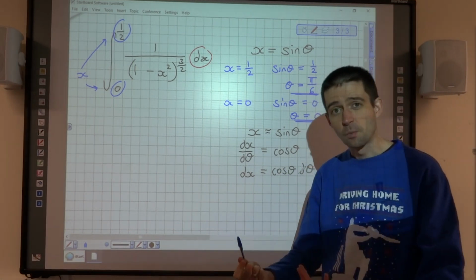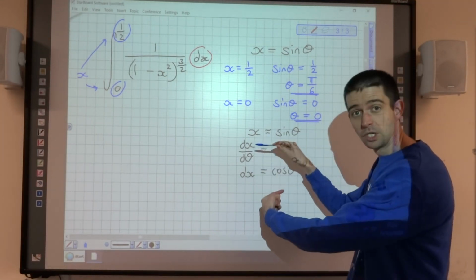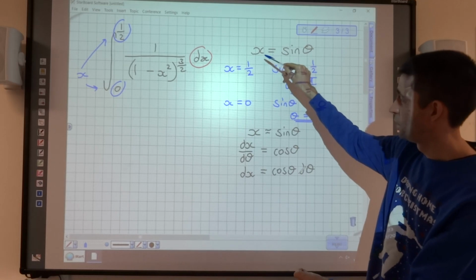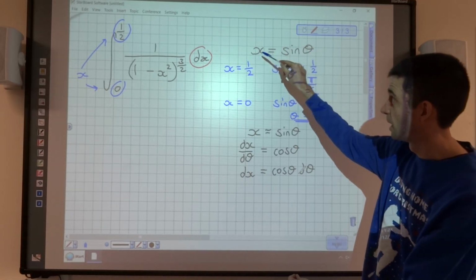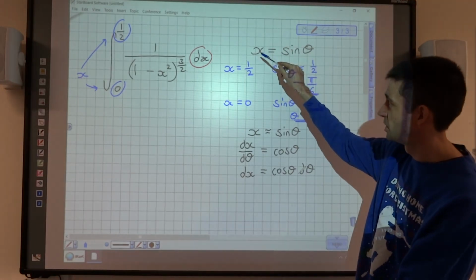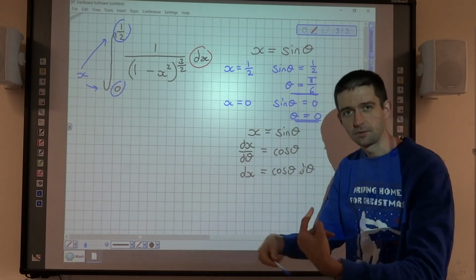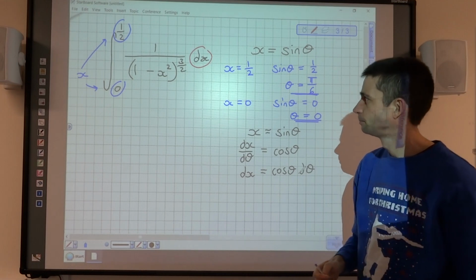That's different to the previous ones because we had to take the reciprocal. This time, because the substitution is given with x as the subject, when we differentiate we get dx d theta, so we don't have to play around with the reciprocals.